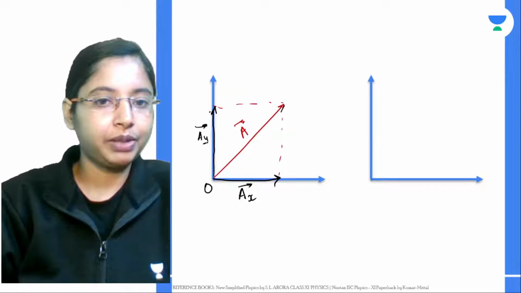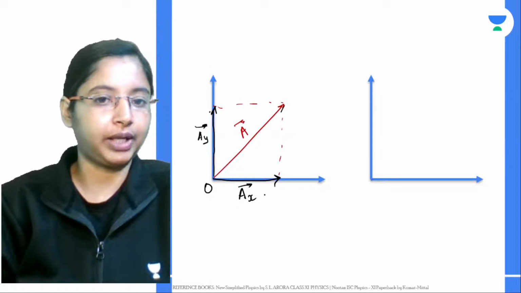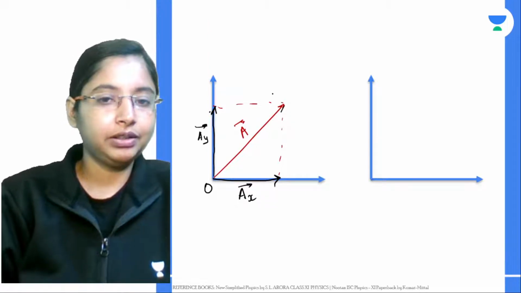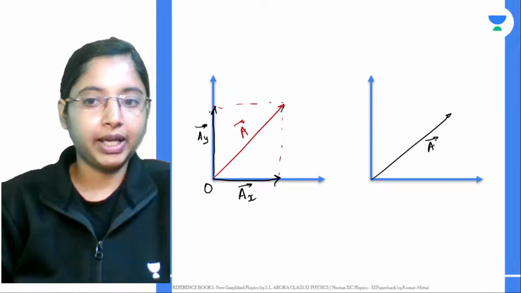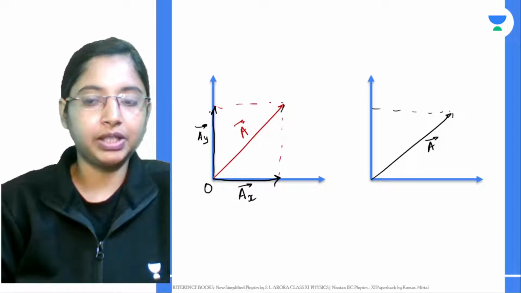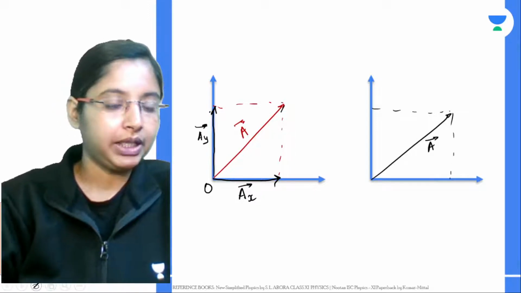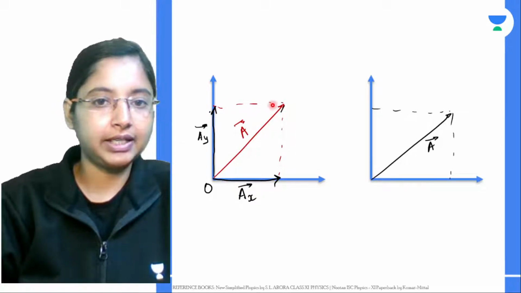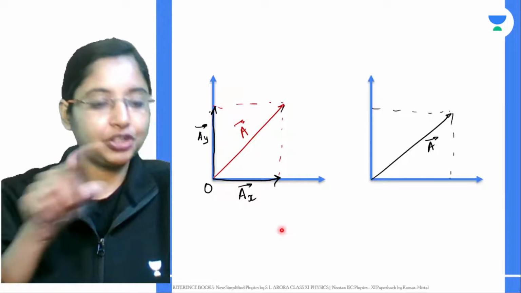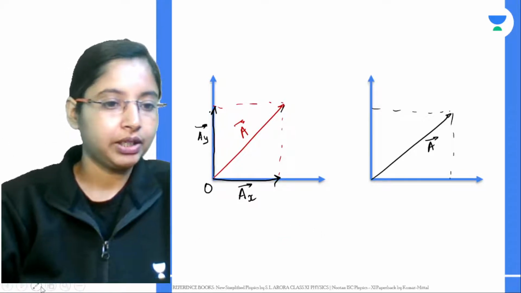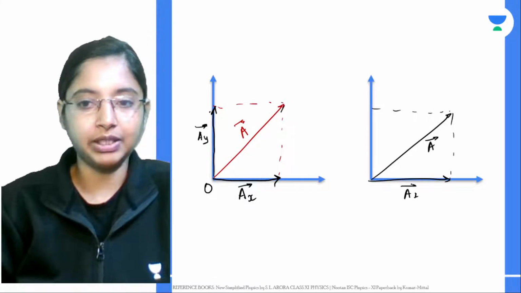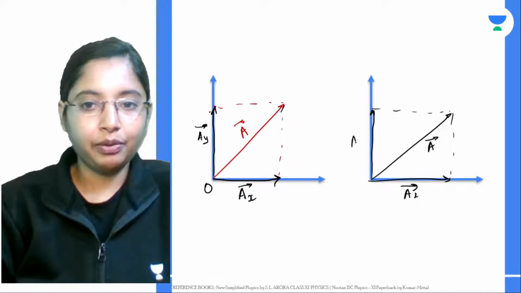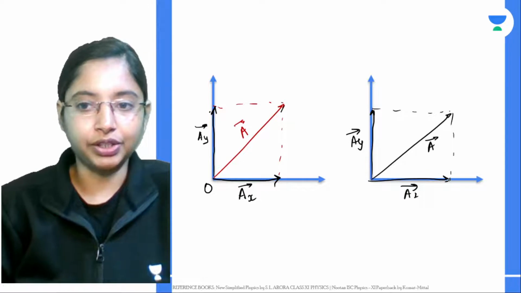And always remember, you can shift these vectors as you like. The same vector, you can shift. Let's say this is the A vector. Since these two sides and these two sides are equal, we can shift the vectors. If this is the ax vector over here, and this is the ay vector, you can shift it over here and say this is the ay vector.